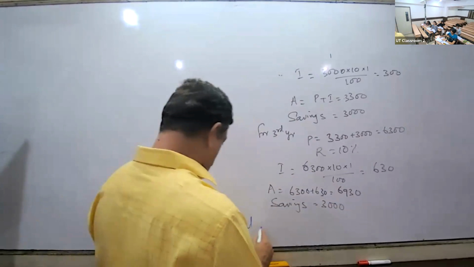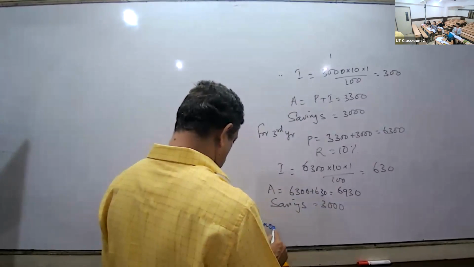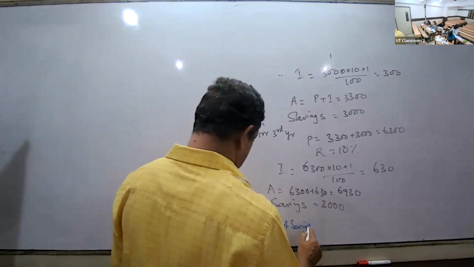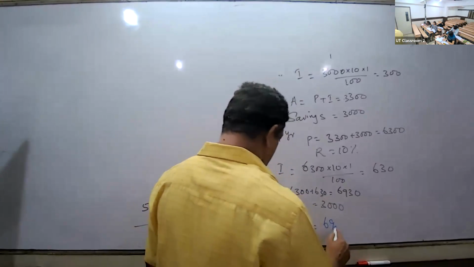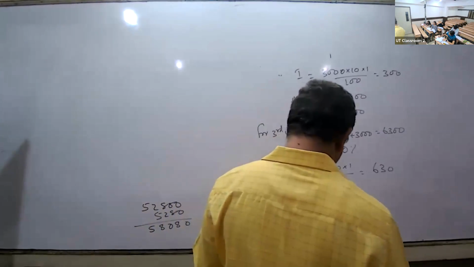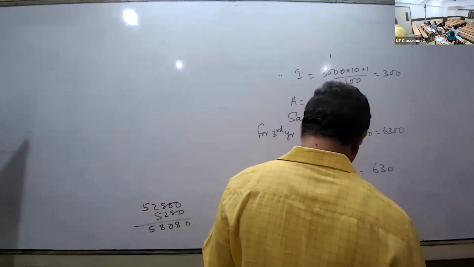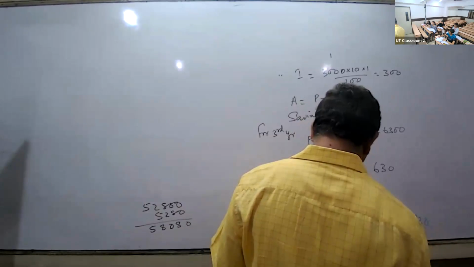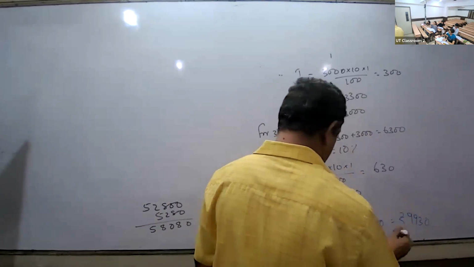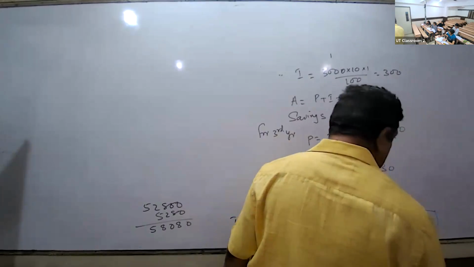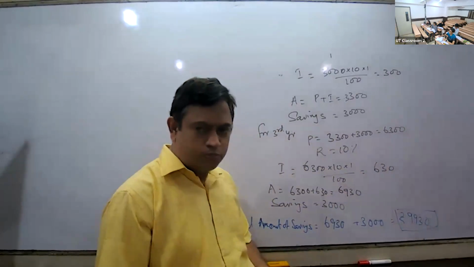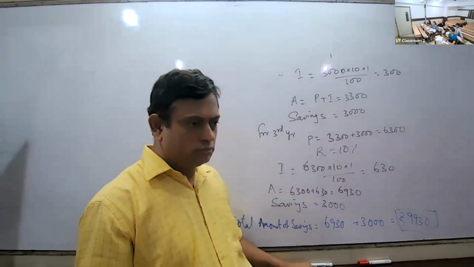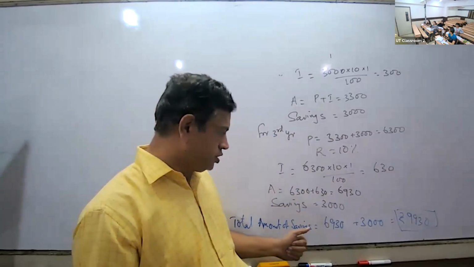Total amount of savings is equal to 6,930 plus 3,000. How much is that? Check it properly. It can be a bit confusing.